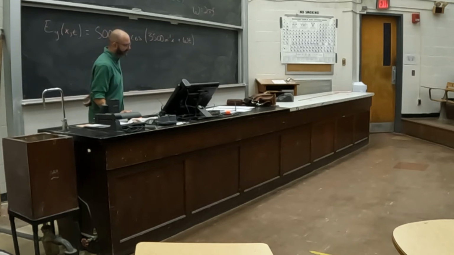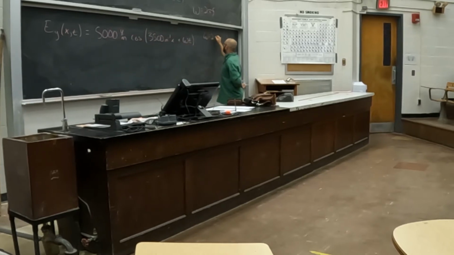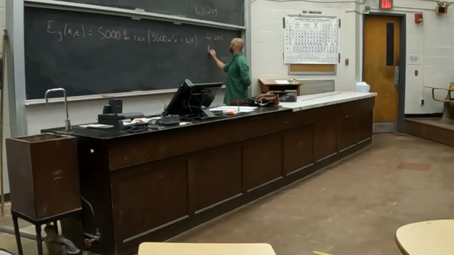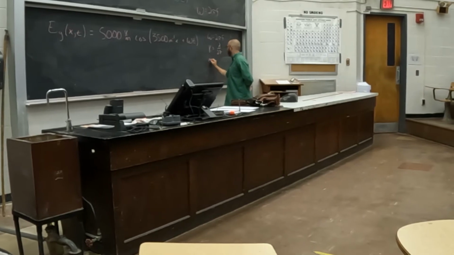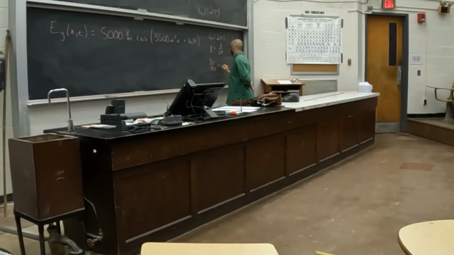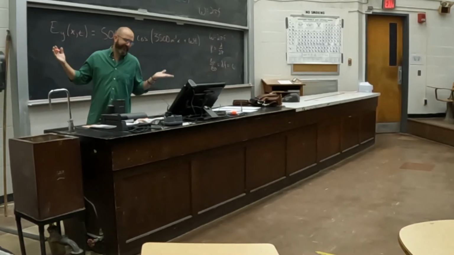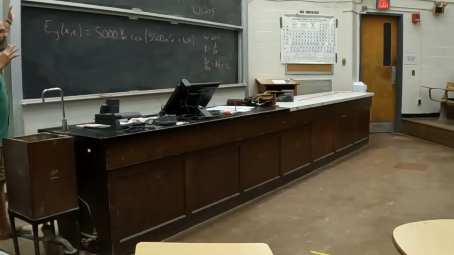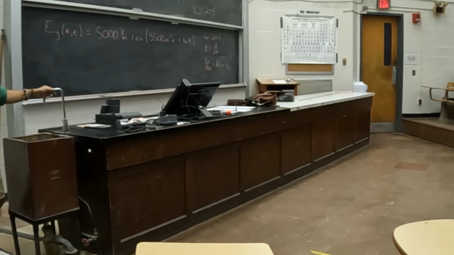Relative equations here. Given what I've written on the board, can you find out what omega is and write down the equation for the magnetic component of this same wave?